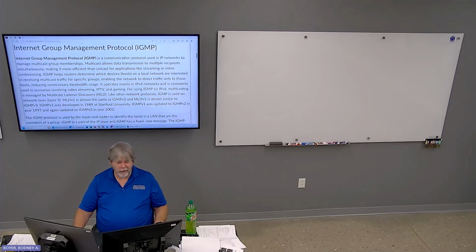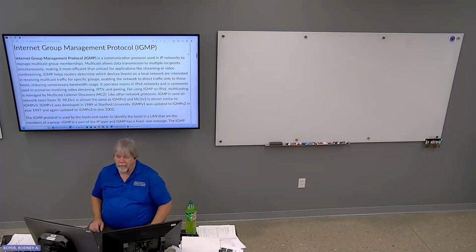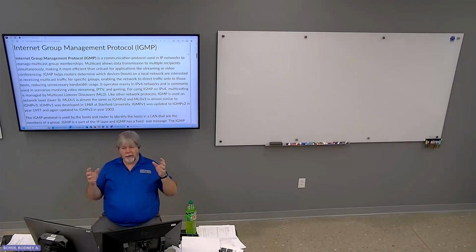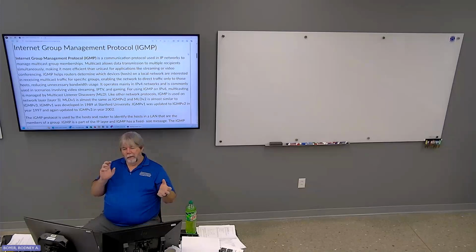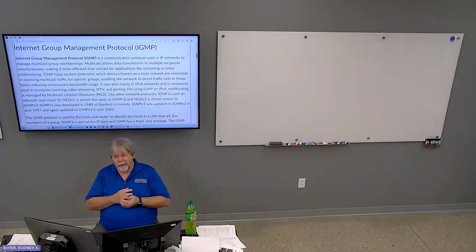IGMP is actually a way for the network to automatically control broadcast storms by using multicast instead. So you have all of your hosted devices and the router talk to each other, and they figure out who is in a specific group.